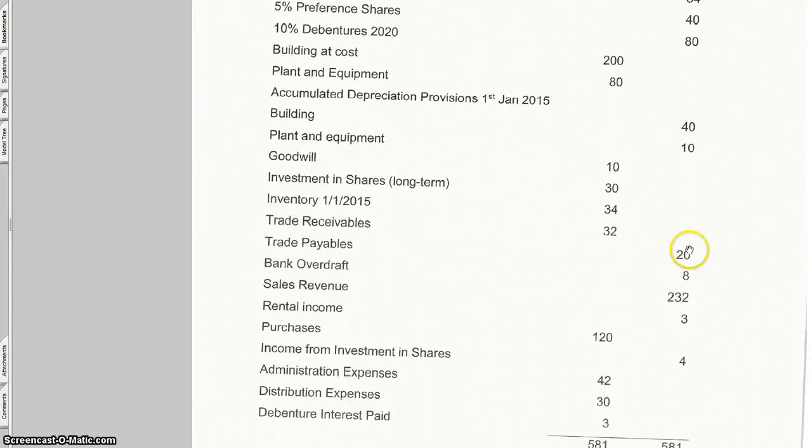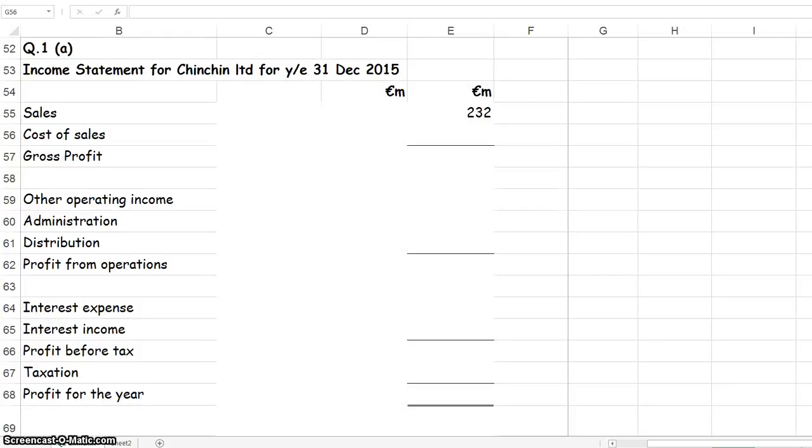As we look down here, we've rental income of 3 on the credit side, and that needs to be shown in other income. I've added it in here, and it's going to be added to our gross profit. I'm using this as a note to show the working to the side, so the examiner correcting your script can see how you came up with the figure.